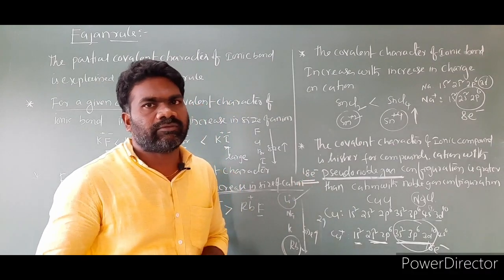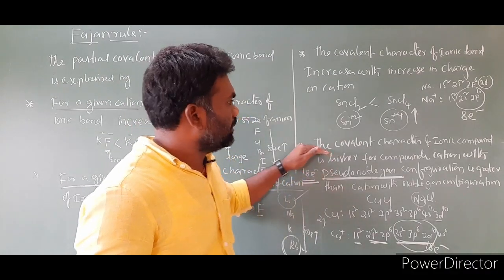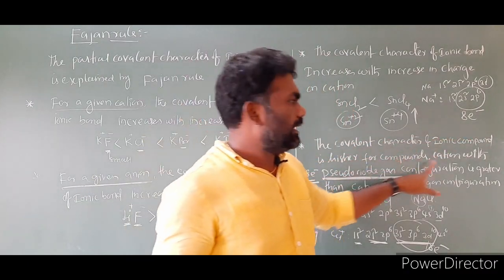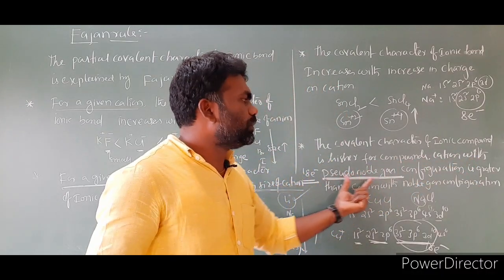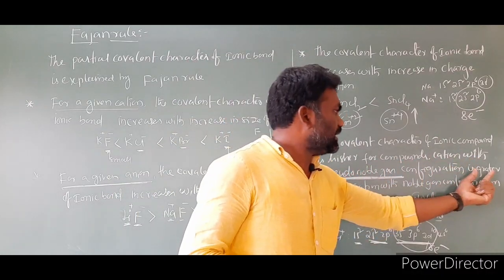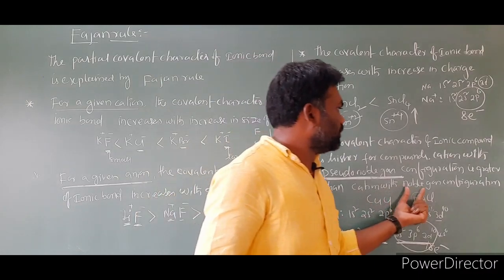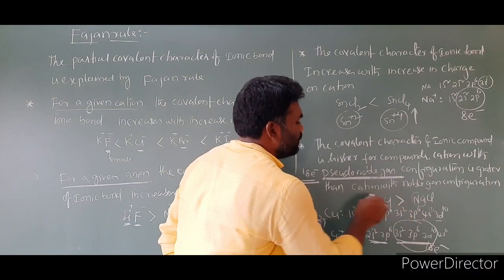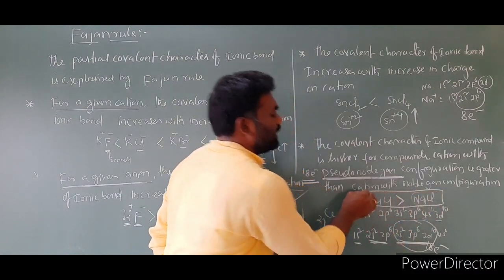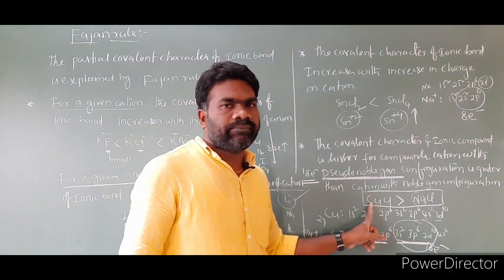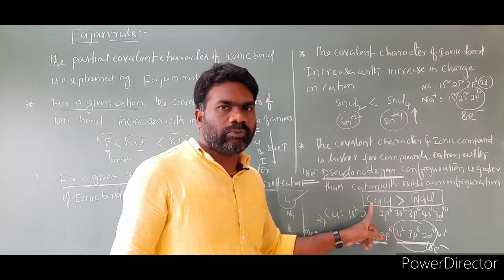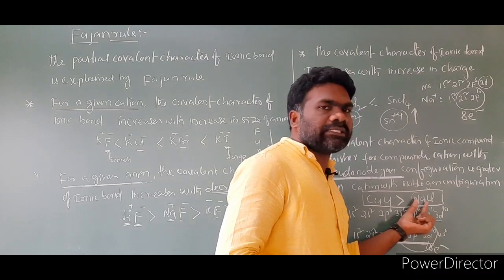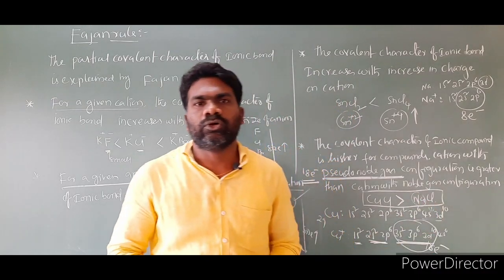So coming to the point, the covalent character of a compound is higher for compounds whose cation has a pseudo noble gas configuration than for those with a noble gas configuration. So CuCl has more covalent character than NaCl, because in CuCl the cation is Cu plus, which has a pseudo noble gas configuration, while in NaCl the cation is Na plus, which has a noble gas configuration.